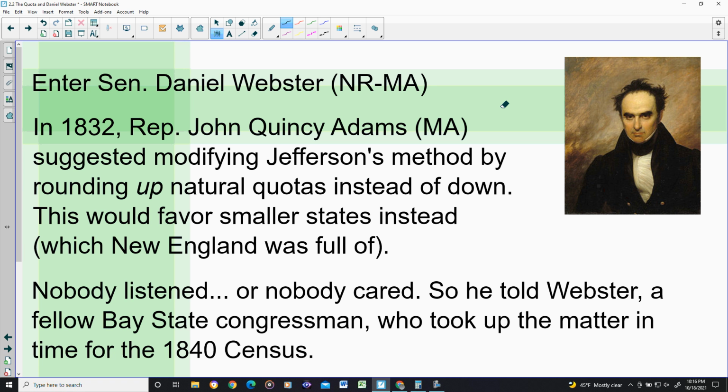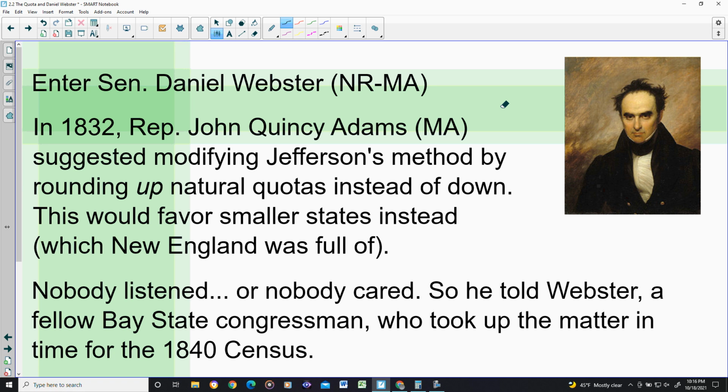That didn't fly because the Electoral College already favored small states due to the fact that of the 2 senators that everybody gets. And he's from New England. New England's full of small states, so nobody listens to him. So he tells Daniel Webster, and he takes up the matter, and he ends up coming up with a new idea.